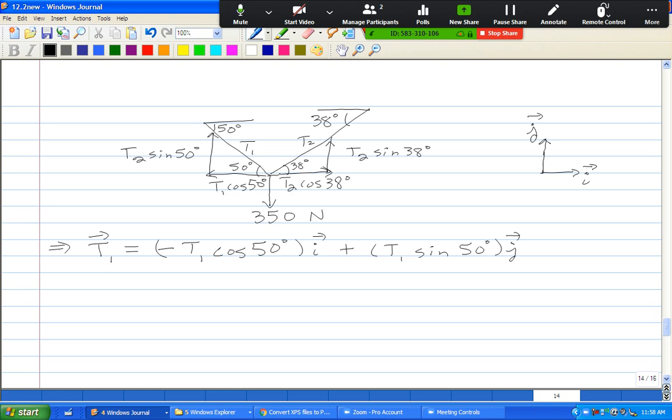Okay, so let's look at this vector here, T2. This goes in the same direction as i, so it's T2 cosine 38 degrees i plus, this goes in the same direction as j, T2 sine of 38 degrees j.